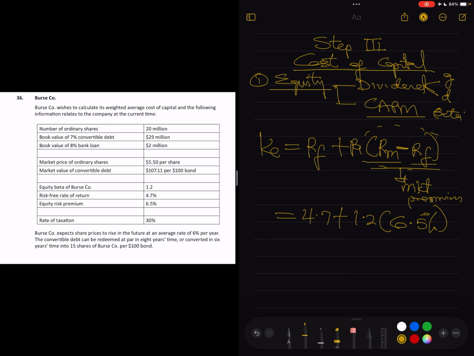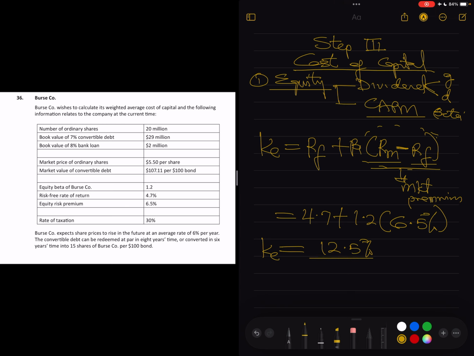Remember, the higher the risk, the higher the reward. If you do that, your cost of equity becomes what? Calculate all of that together. That's 1.2 times 6.5 plus 4.7, and you get 12.5% as the cost of equity.